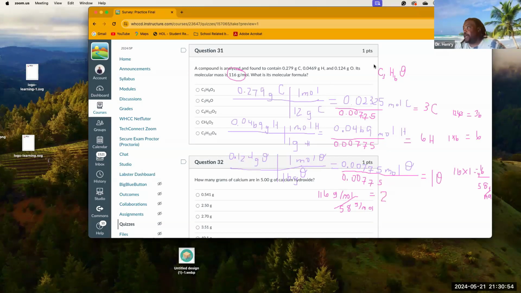So then if we multiply this formula by 2, we get C6H12O2. So C would be our correct answer.